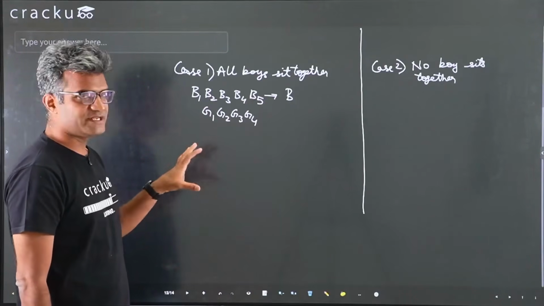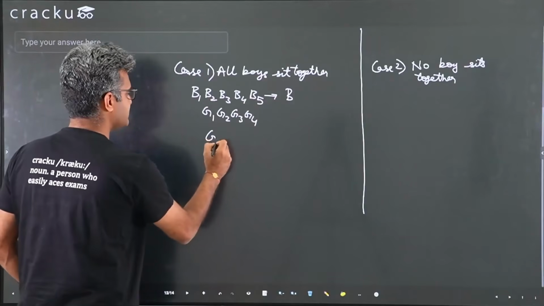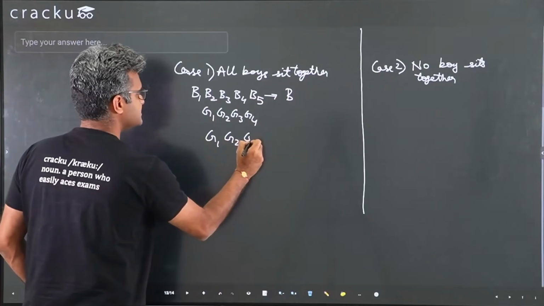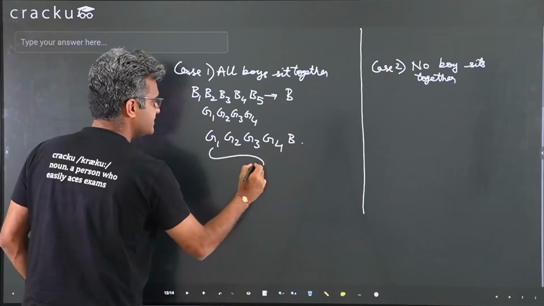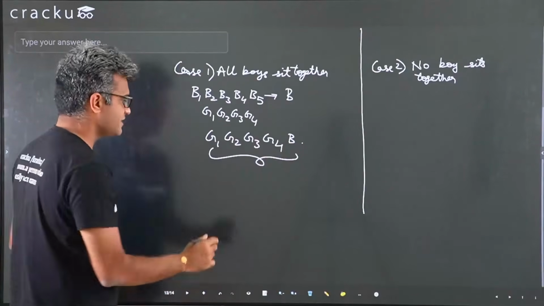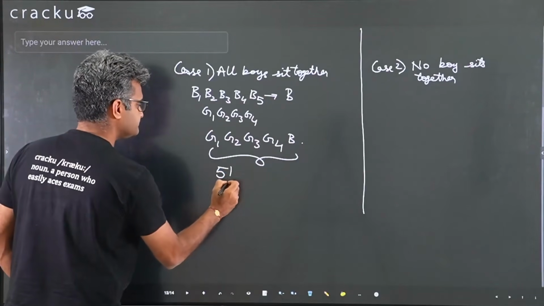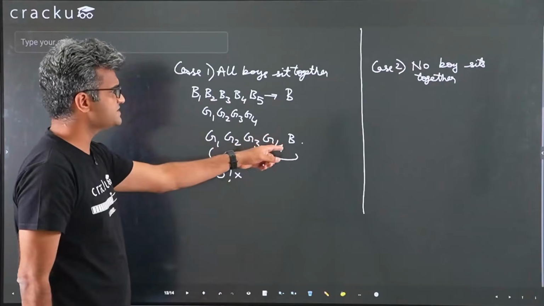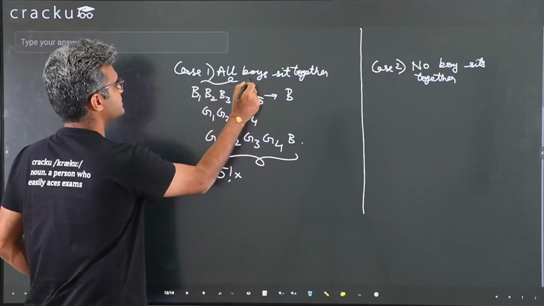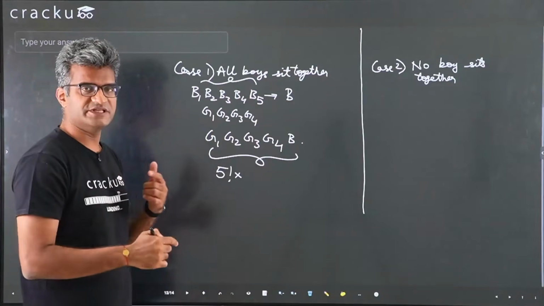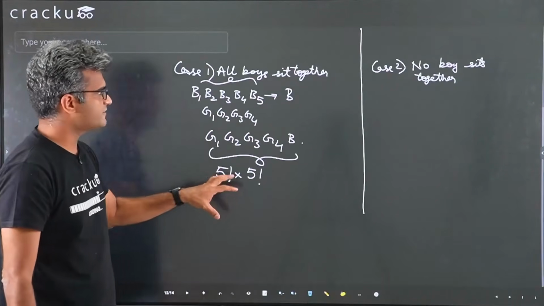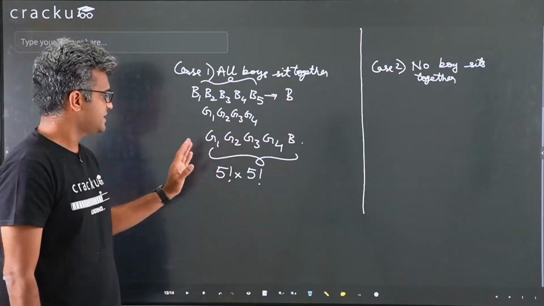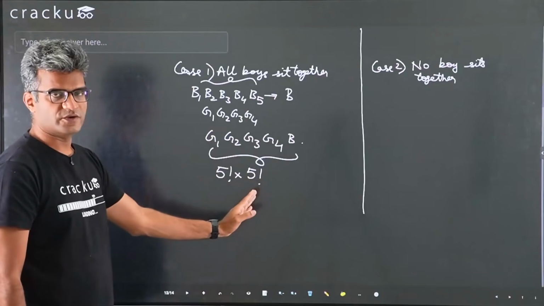So now if you are looking at the entities, we have G1, G2, G3, G4 and B. These 5 entities can be arranged in 5 factorial ways. And the boys themselves, B1, B2, B3, B4, B5, amongst B, they can arrange themselves in 5 factorial ways. So the total number of ways in which the boys sit together is 5 factorial into 5 factorial.